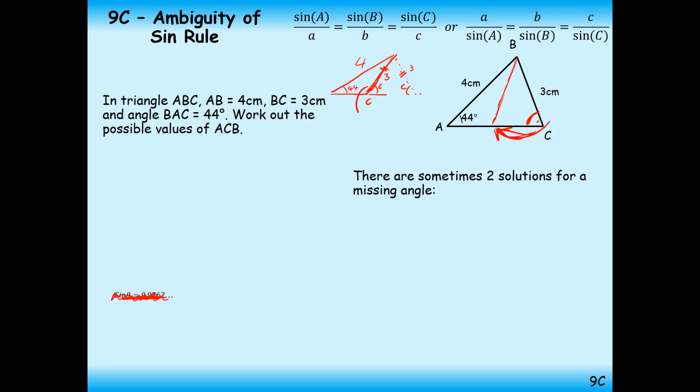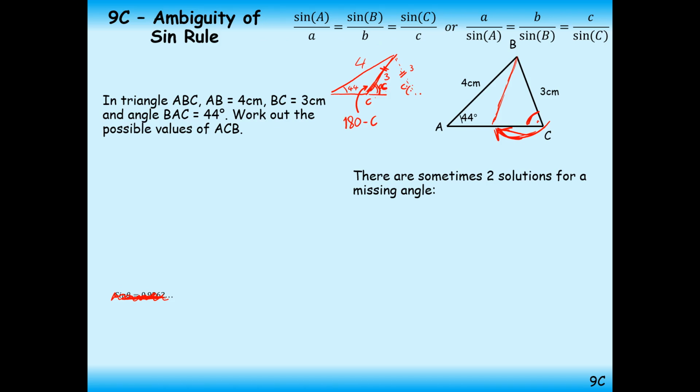So this angle here is 180 minus the original acute angle C. So we don't know which of those values it is. Is it the little c, or is it 180 minus that c?